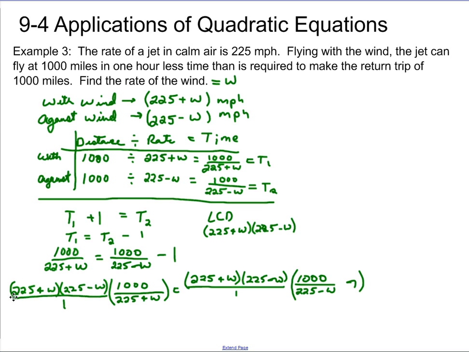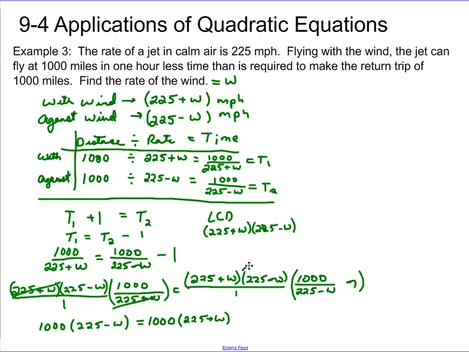Well, the 225 plus W's cancel on the left, so we're going to have 1,000 times 225 minus W, and that will be equal to, when we multiply 225 plus W and 225 minus W times 1,000 over 225 minus W, that gives me 1,000 times 225 plus W.